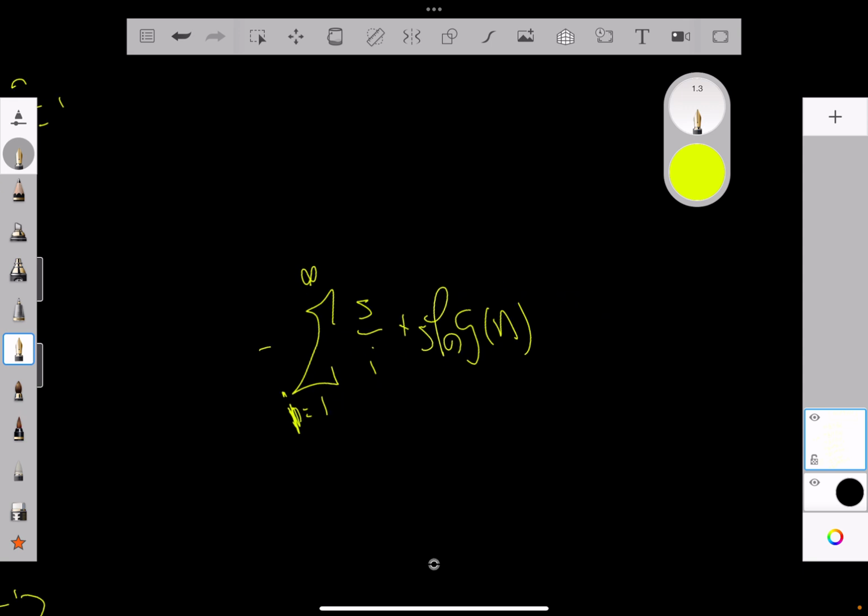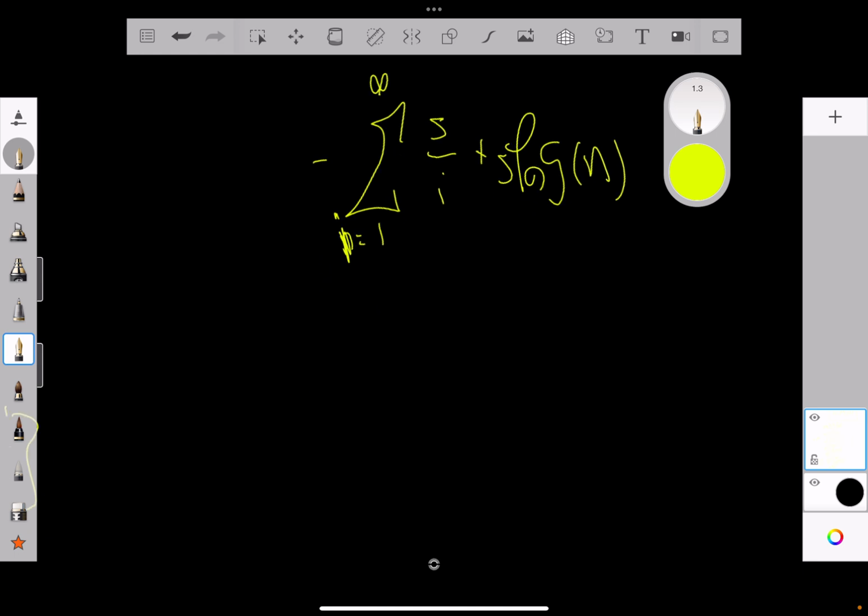How do we change that into the Euler-Mascheroni constant? Let's say this equals minus the sum for i equals 1 to infinity of s by i minus s log n.